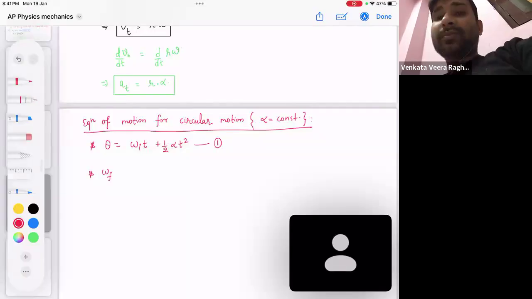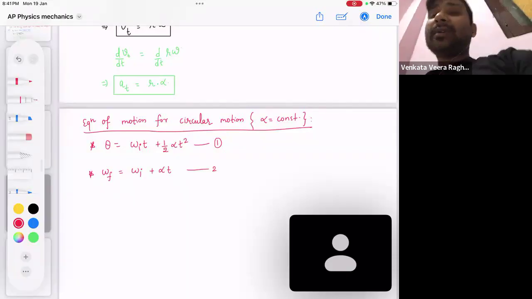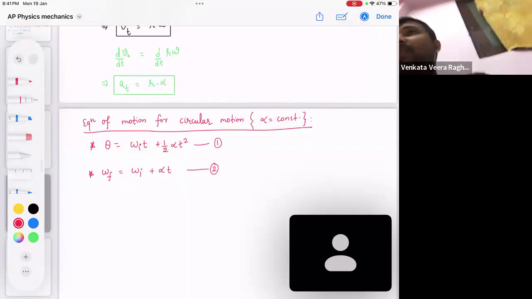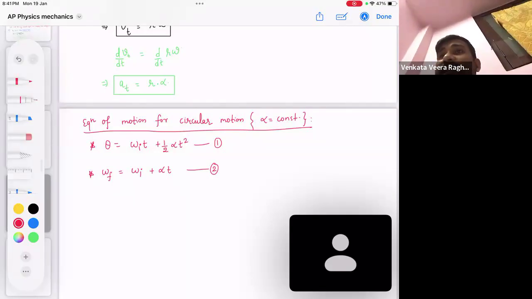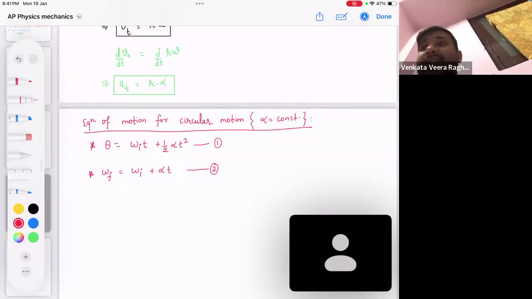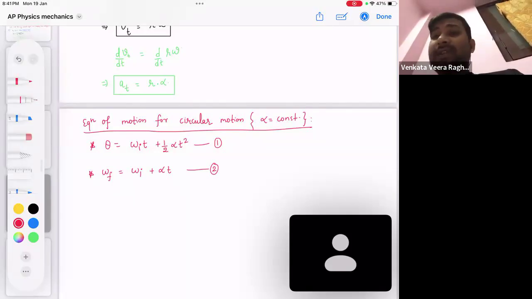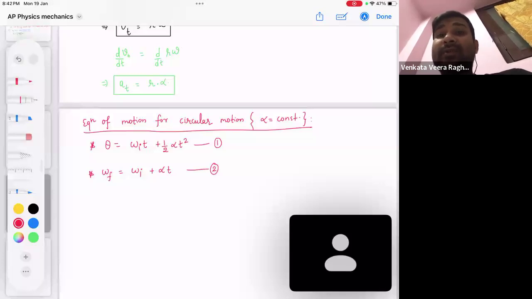Second one, omega after some time, let's call it omega final. We can write it as omega initial plus alpha into t. Second equation. Again, keep in mind the direction. Like when you were writing the displacement and velocity, you were considering the direction, whether you want to write towards right as positive or left as positive. Same way here also, you must consider the direction when you use these equations.